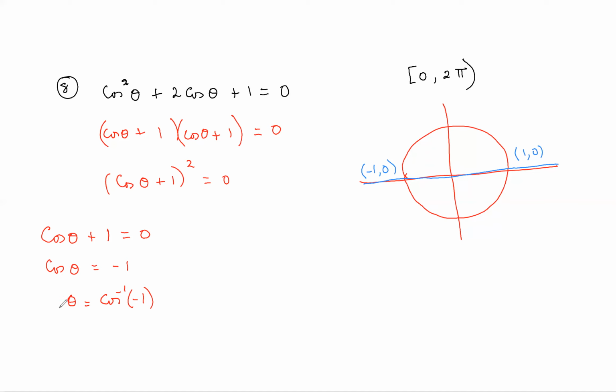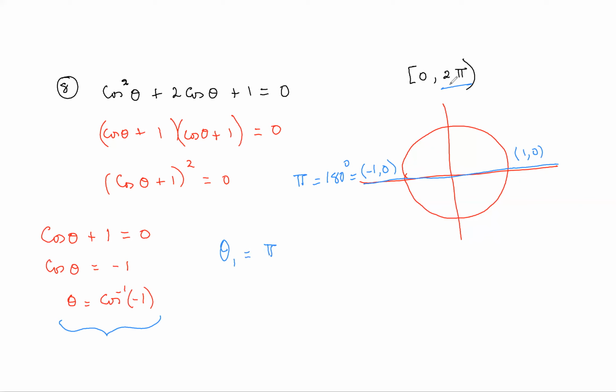And when you find the inverse, when cosine is equal to -1, it's exactly right here at 180 degrees. But my question says pi, so I need to mention pi. So the only answer will be pi.